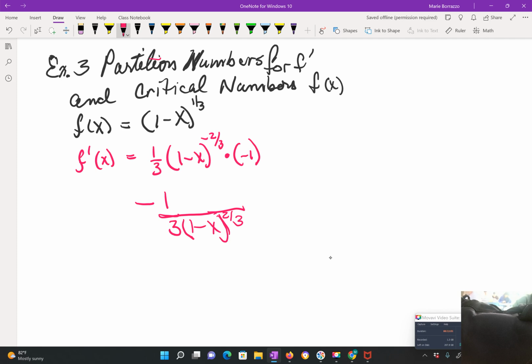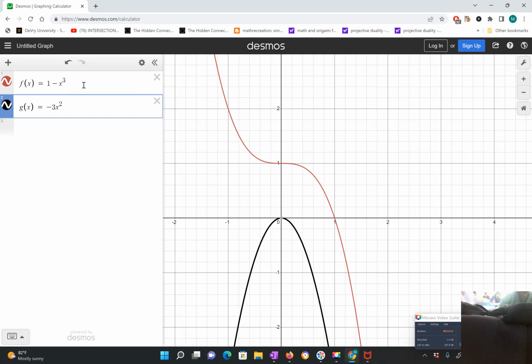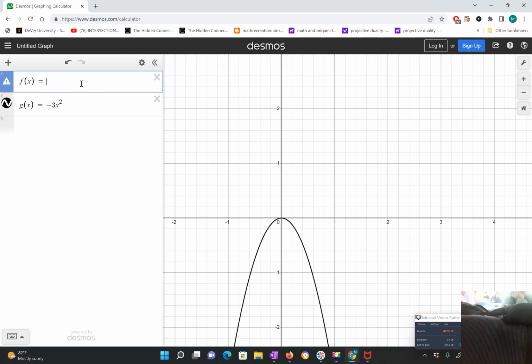So if we draw it, let's draw the original. So technically in this case, -1 divided by 3 times 1 minus x.